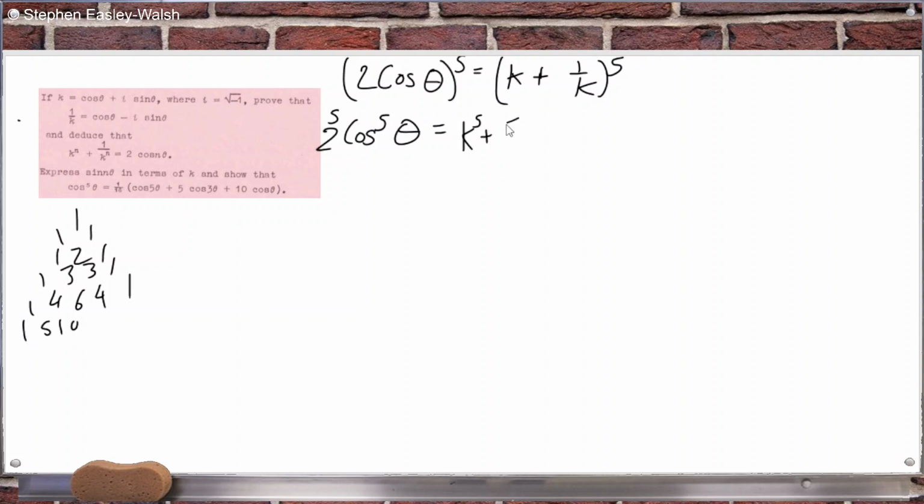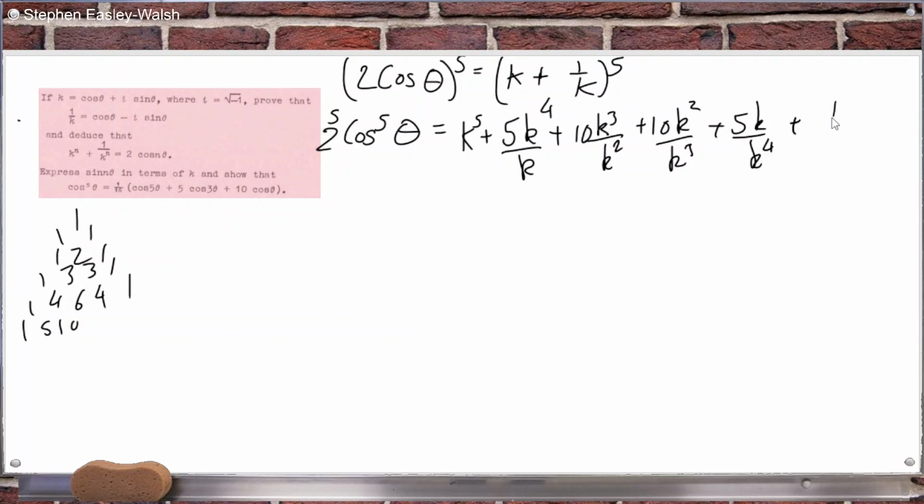Okay, so the next one here is 5, and then that's a k^4 over k, and then the next one's a 10, that's a k^3 over k^2, and then another 10, k^2 over k^3, plus a 5, k over k^4, plus 1 over k^5.